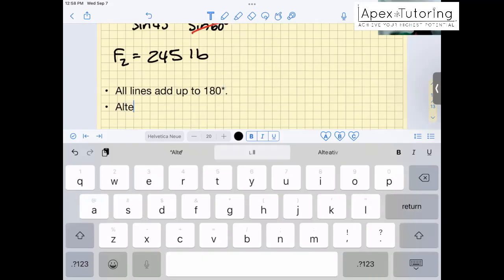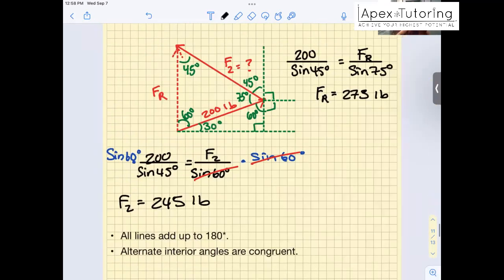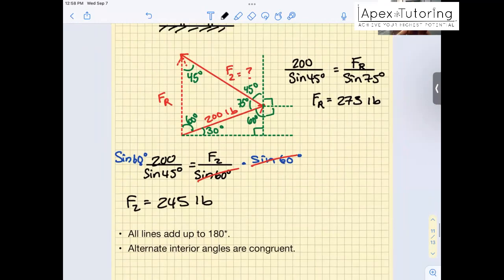You could also use, remember, alternate interior angles are congruent. Remember that? So we could have used that for, let's see, this one and this one. Those are alternate interior angles, right? So you could have used that to find the 45. So there are lots of different principles you can use to solve for those angles. Questions about that problem?